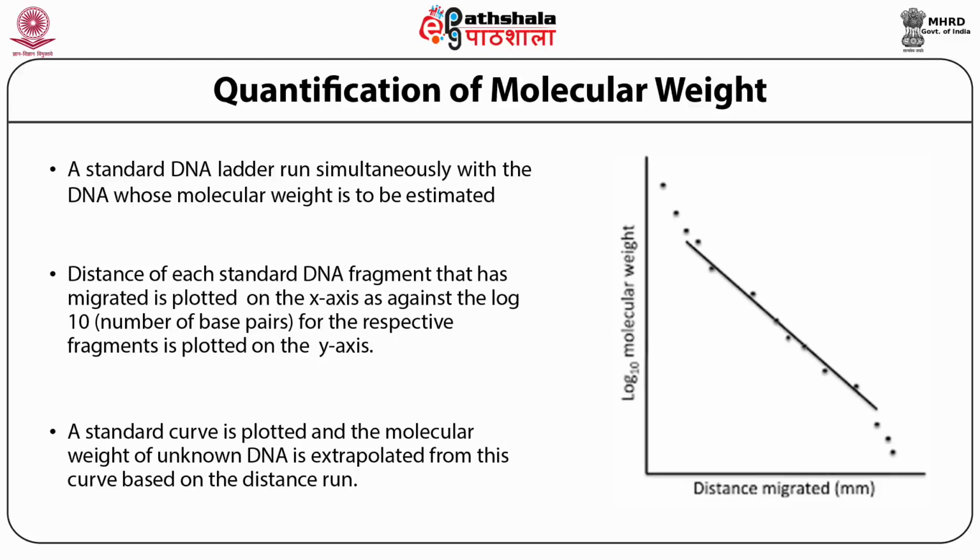Then the log of the number of base pairs for each fragment is plotted on the y-axis against the distance that each fragment has migrated on the x-axis. As you see in the graph, the sizes of the fragments can then be estimated by interpolating on the standard curve.